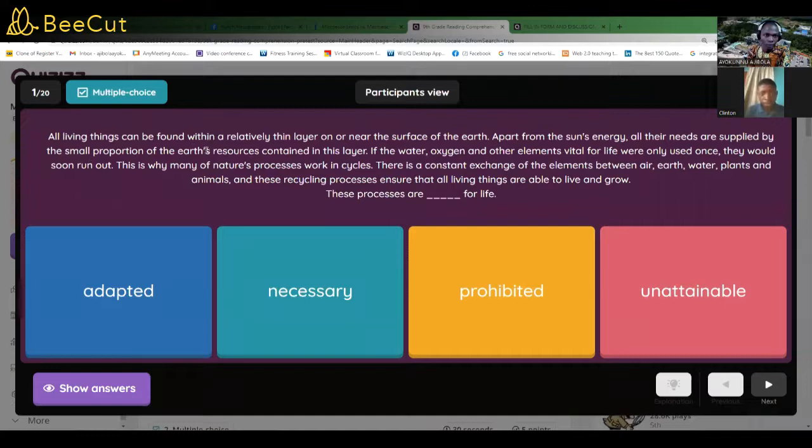All living things can be found in a relatively thin layer on or near the surface of the earth. Apart from the sun's energy, all their needs are supplied by the small proportion of the earth's resources contained in this layer. If the water, oxygen, and other elements vital for life were only used once, they would soon run out.